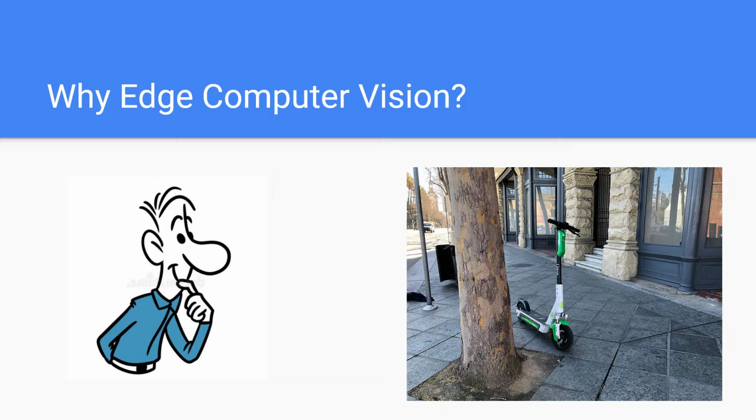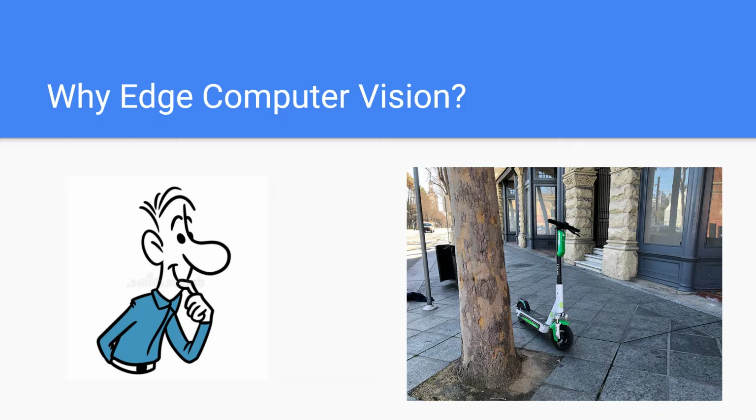Well, computer vision can solve many useful tasks, and so one of the most powerful aspects, really the defining aspect of Edge computer vision, is the ability to take some computer vision model and deploy it out in the real world. So say the example we're looking at right here is we have Johnny, who's noticed these new electric scooters are popping up all over his neighborhood, and he doesn't like that they're blocking the sidewalk and that users are riding on them really fast and colliding with pedestrians and all these things.